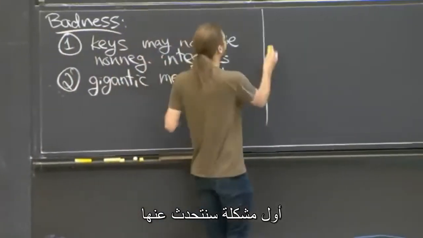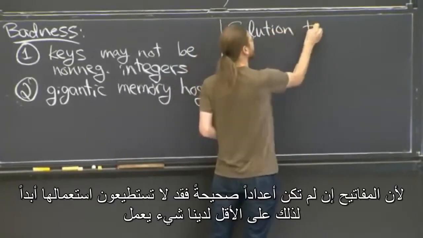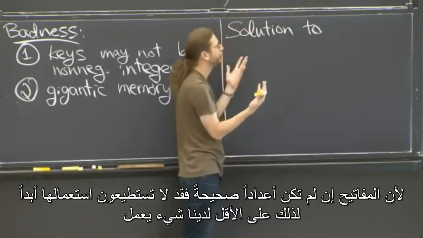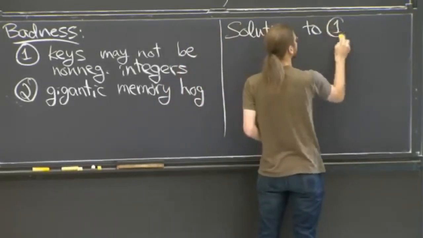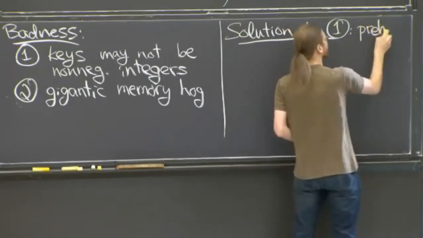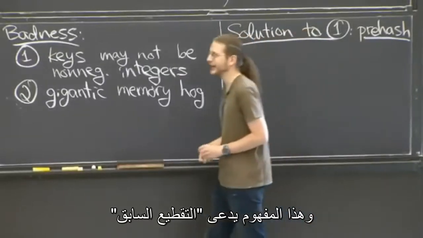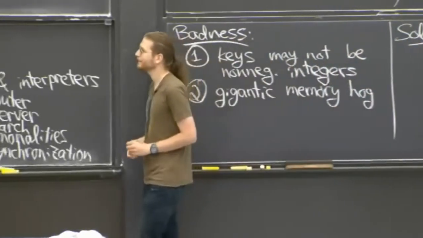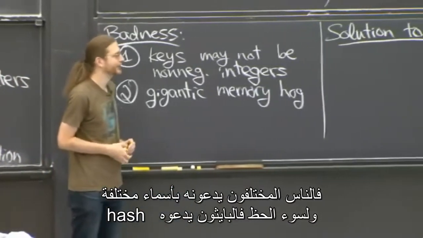First problem we're going to talk about is what if your keys aren't integers? Because if your keys aren't integers, you can't use this at all. So let's at least get something that works. This is a notion called pre-hashing. Different people call it different things. Unfortunately, Python calls it hash.